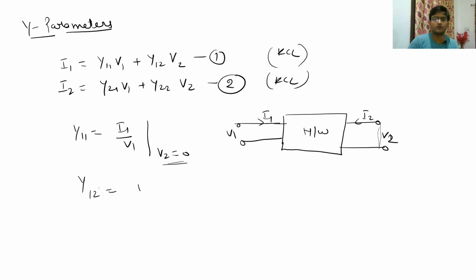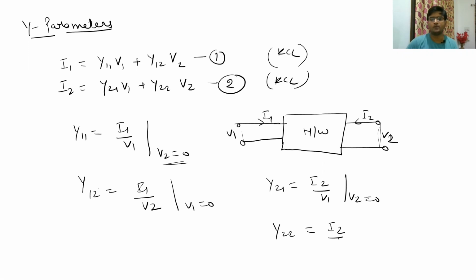Similarly, Y12 will be equal to I1 divided by V2 when V1 is equal to 0. In this case, we have short circuited the input terminal. Again, Y21 is equal to I2 upon V1 when V2 is equal to 0, and similarly Y22 is equal to I2 upon V2 when V1 is equal to 0.